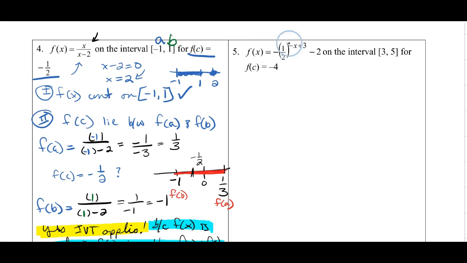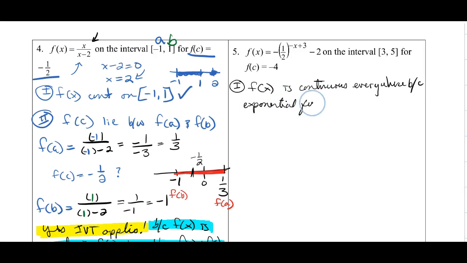Our last question can look a little bit intimidating. It's an exponential function, but we know that exponential functions are continuous on their domain, everywhere from negative infinity to infinity. So f of x is continuous everywhere because exponential functions are continuous on negative infinity to infinity.